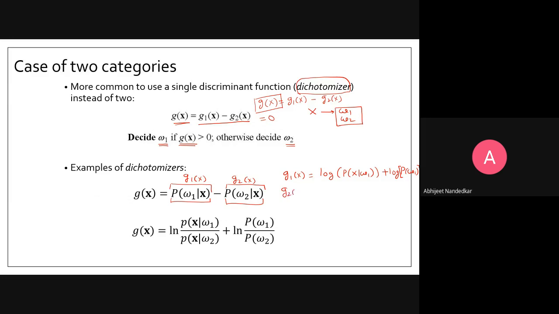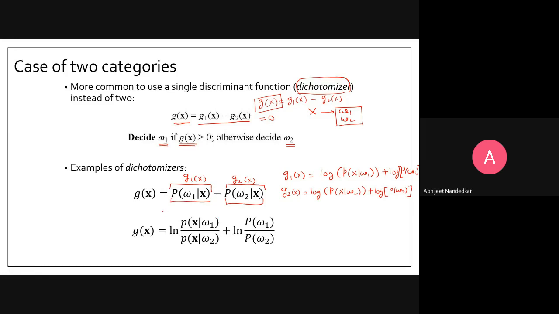Then my G2(x) was log of probability of x given omega 2 plus log of probability of omega 2.